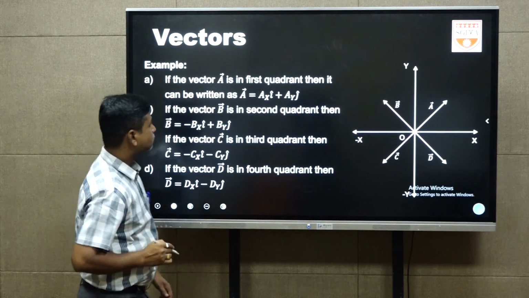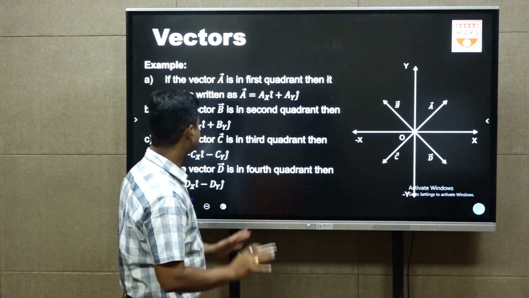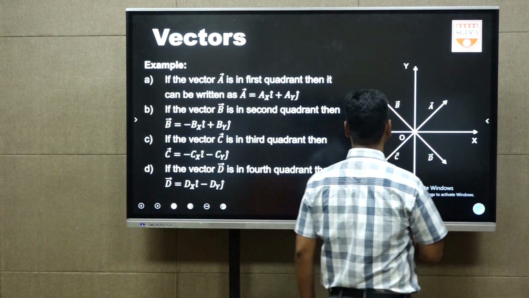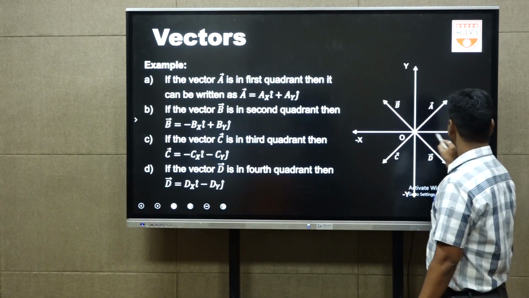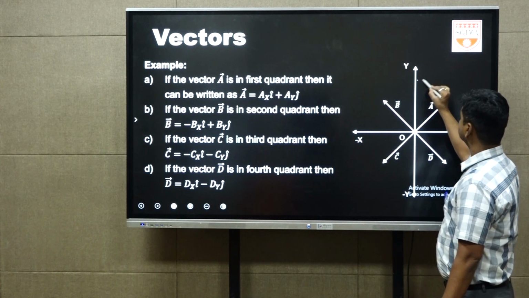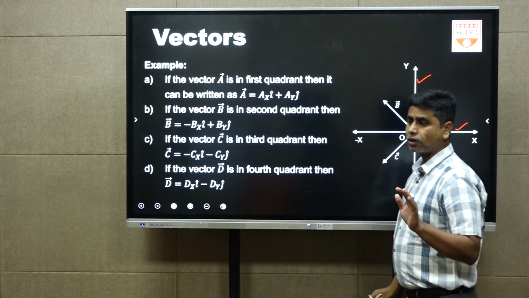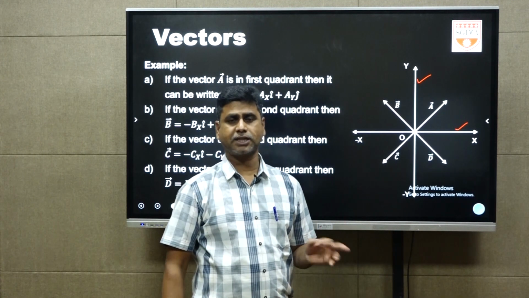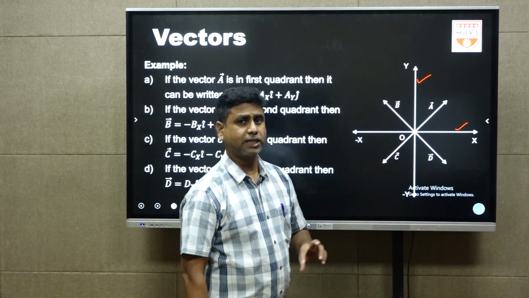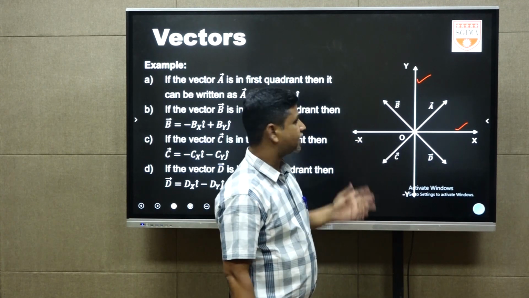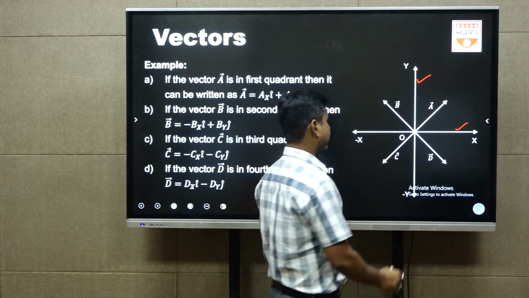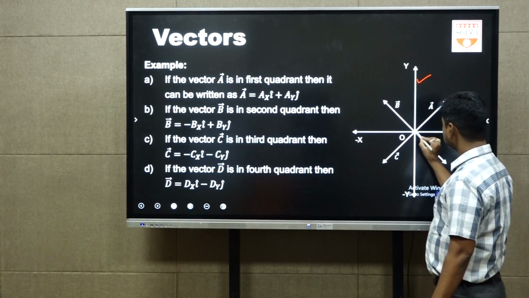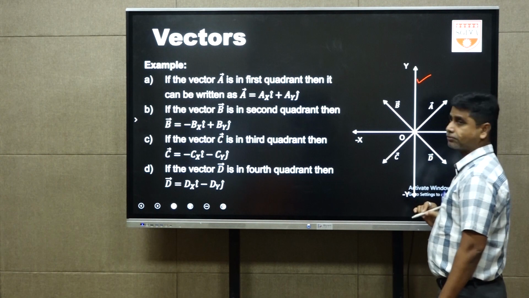Next, for this one example, let us see how to resolve any given vector. Here we take a two-dimensional coordinate system. It is the x-axis and it is the y-axis. You need not consider x and y only; YZ or ZX also can be taken. But in general form we consider x and y only. The center point is called the origin.